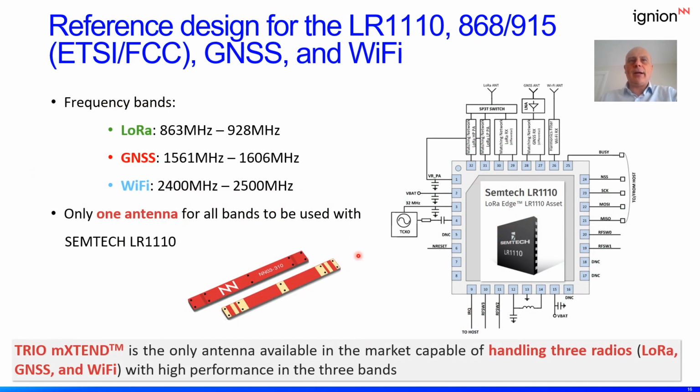Here we illustrate how we can engage a triple radio component, the Trio MX10, with an existing transceiver having 3 radios. In this case, it's a Semtech transceiver, the LR1110, that allows 3 radios, so it's very convenient to connect the Trio MX10 to the Semtech chip.